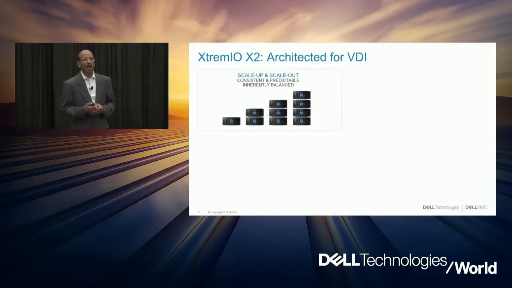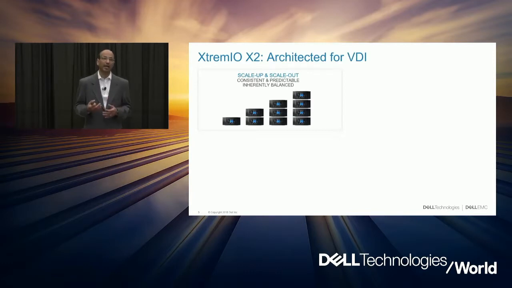Now, XtremIO has been in the market for nearly 4+ years. From day one, we have found that VDI is an important use case for XtremIO because its purpose-built all-flash array architecture inherently aligns very well with VDI storage needs. For example, the array is inherently balanced.